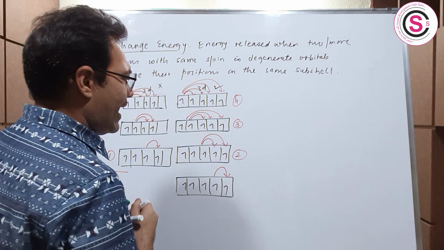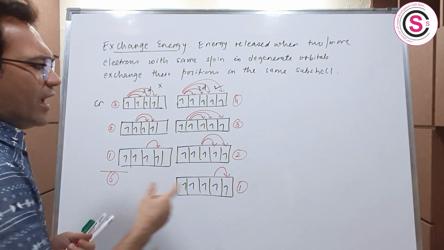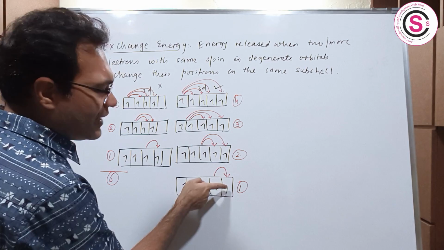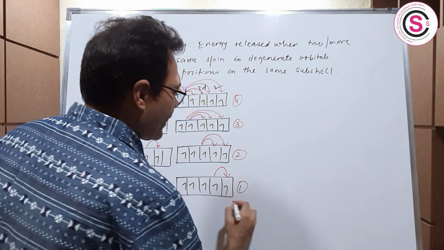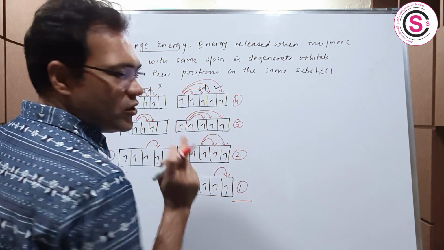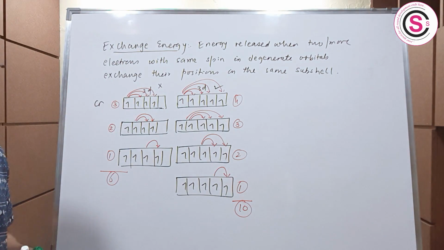So here I have only one exchange, right? And for the fifth electron, we cannot consider the exchange because all the exchanges possible for the fifth electron have been covered. So see, the total number of exchanges, students, is 4 plus 3, 7, plus 2, 9, plus 1, 10. So here 10 exchanges are possible, correct?